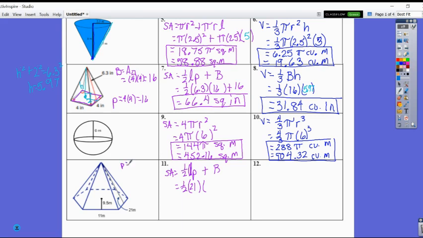So our perimeter is the 6 sides that all have a length of 11, putting us at 66, and then plus big B. So big B is the area of the base. So we're going to be talking about the area of the hexagon.